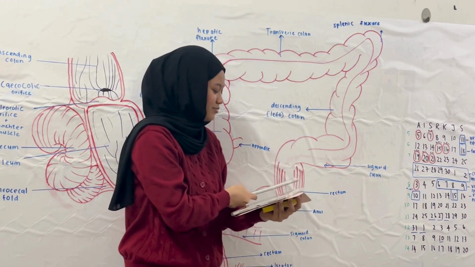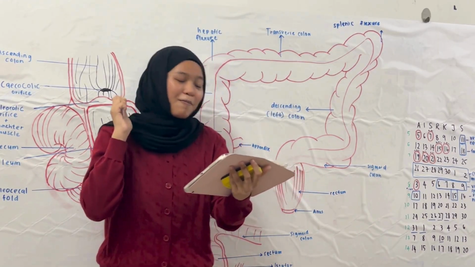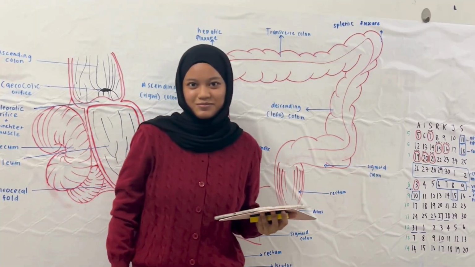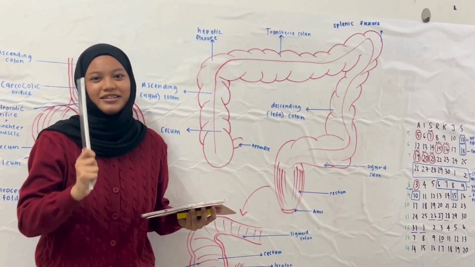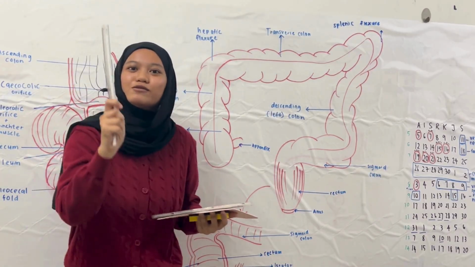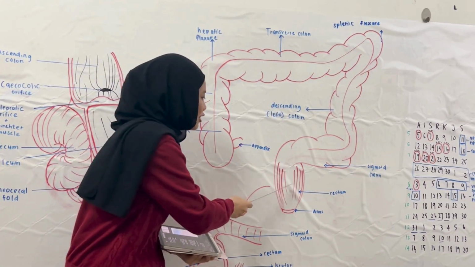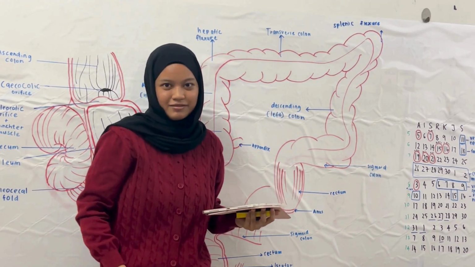The second thing is that it is the most dorsal pelvic organ. Dorsal means it is on the back side, right? So that's why the rectum is the dorsal pelvic organ.